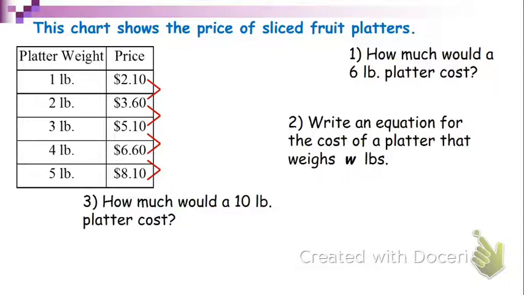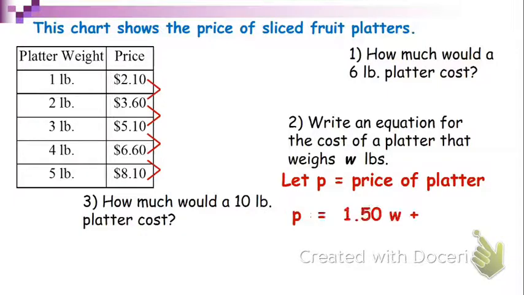Alright, let's try another one. This one we have the price of sliced fruit platters, and we want to figure out how much a 6-pound platter would cost. So we want to look at a pattern between all of these different things. So 1 pound is $2.10, but 2 pounds is $3.60.